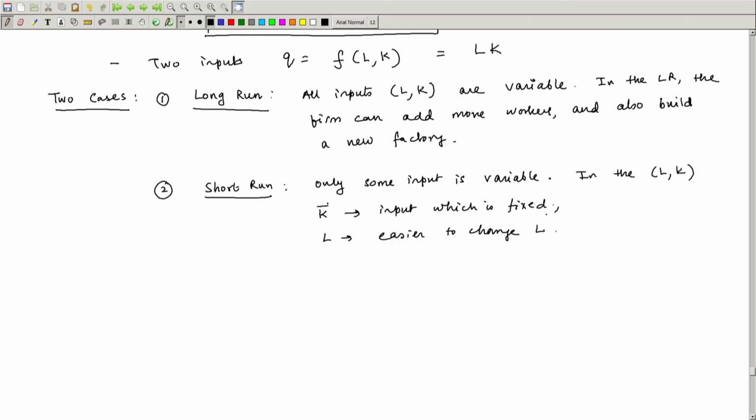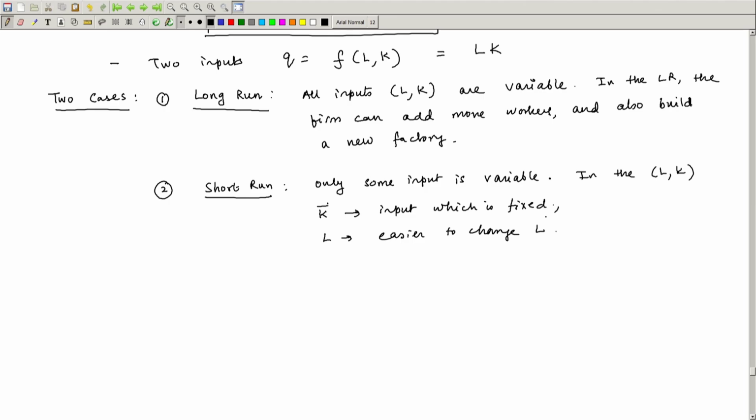So the distinction between long run and short run is important because cost minimization in the long run and cost minimization in the short run are going to give you two different answers, right? What do I mean by two different answers? What are we interested in? We are interested in identifying in the long run what combination of labor and capital the firm should use to minimize its cost.